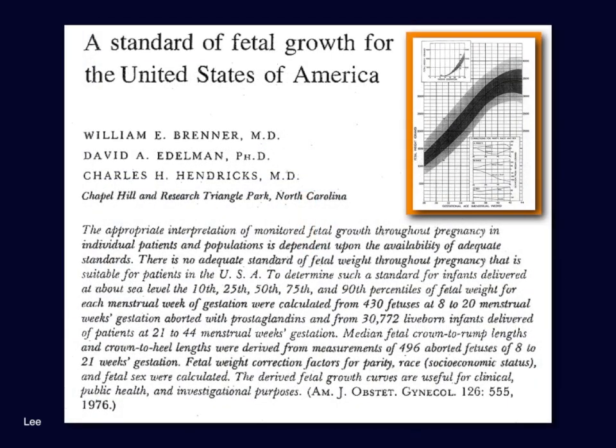This concept was later extrapolated from birth weight to develop estimated fetal weight, or EFW, nomograms for population-based standards. This is illustrated, for example, by the Brenner curve that was derived from a study of 430 aborted fetuses at 8 to 20 weeks gestation and from 30,772 live-born infants between 21 and 44 menstrual weeks in Cleveland.